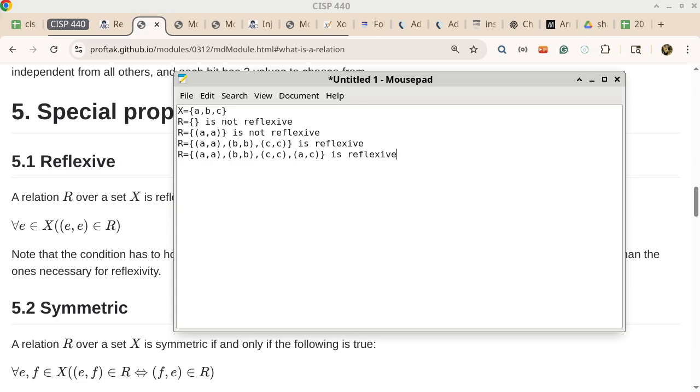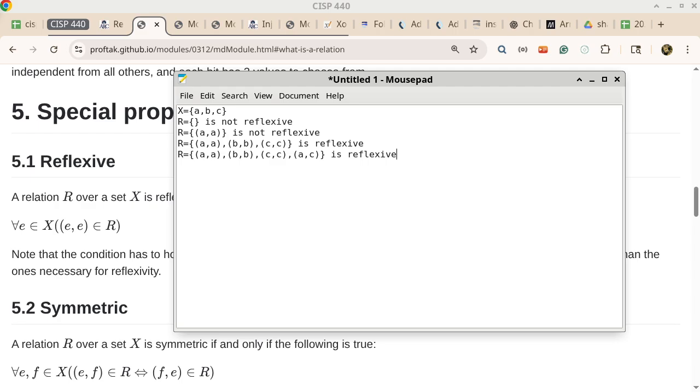In a test, I typically will ask you to only tell me why it is not reflexive, and you have to tell me, because it doesn't have this. Yes. That is correct. If we only have AA and BB, then it is still not reflexive.